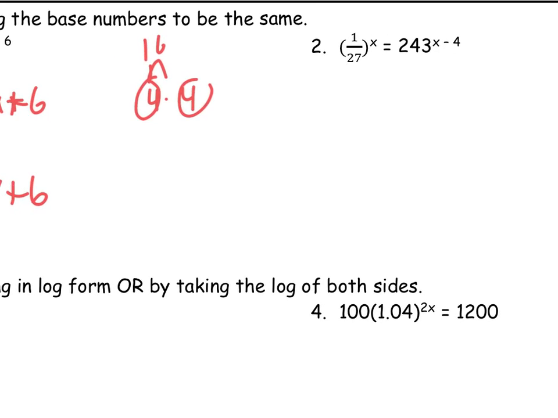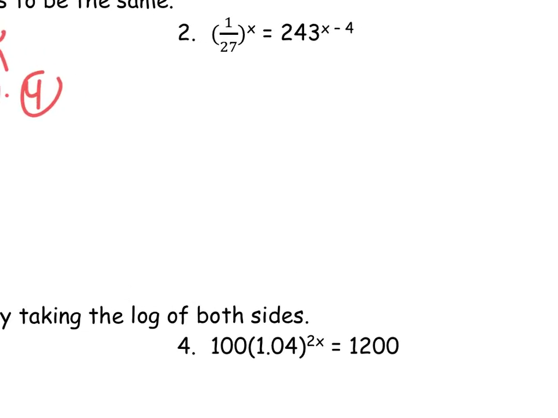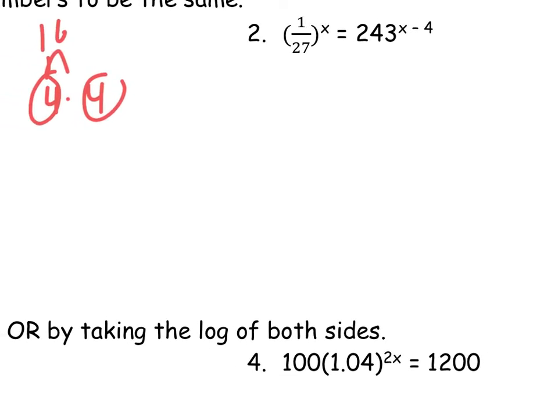Let me help you set up this one, because this one's a little bit harder. Actually, it's a lot harder. But I want to go over it with you. Okay? 27. 27 is 3 times 9. 3 is prime.